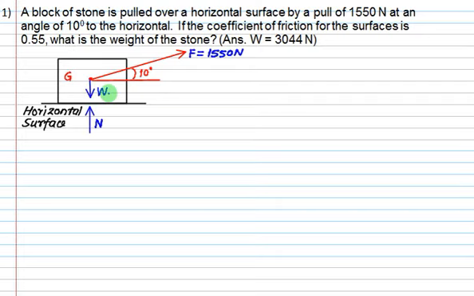So let's say the weight of the block is W, normal reaction is N, and this force is 1550. Can we resolve this force into two components? One component will be like this, 1550 into cos of 10, and one component will act vertically upward, and this component will be 1550 into sine of 10.